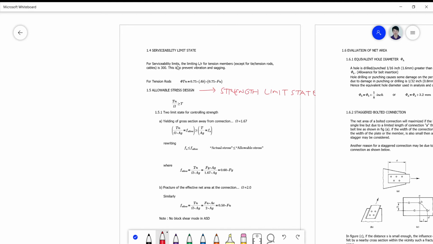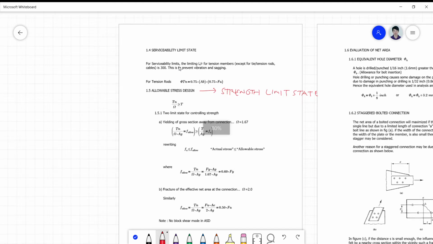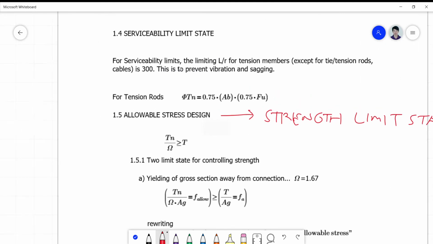is very straightforward, wherein your limiting values are simply computed on the basis of the L over r, or the length versus the radius of gyration ratio. Of course, sometimes we have to put a K factor here, the effective length factor, to modify your effective length.